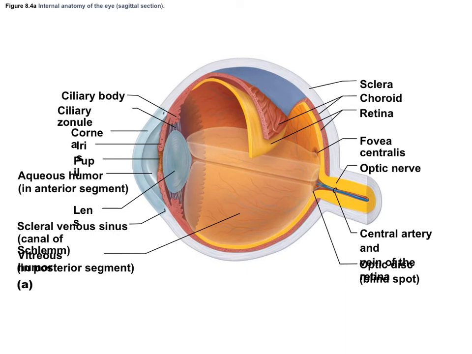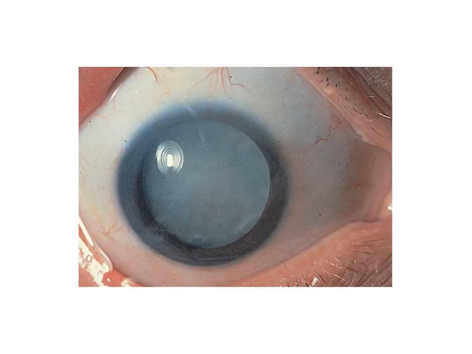If we undo all these drawings, now the pathway of light through the eye. Here's a picture of a cataract. You can see how the lens is a grayish color, and that distorts the light on the inside of the retina, and you have hazy vision.